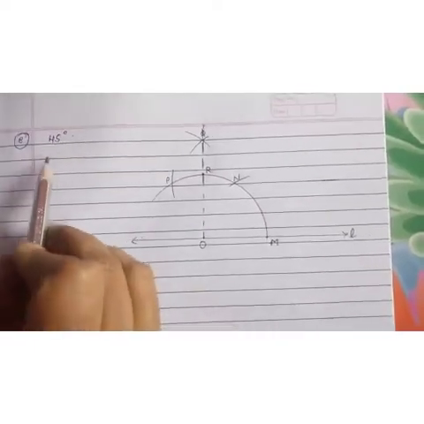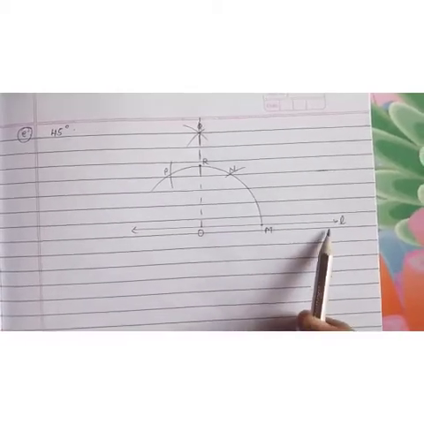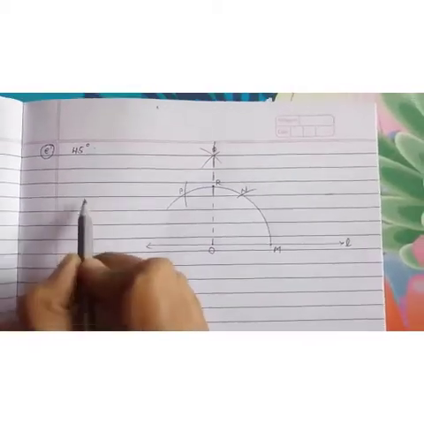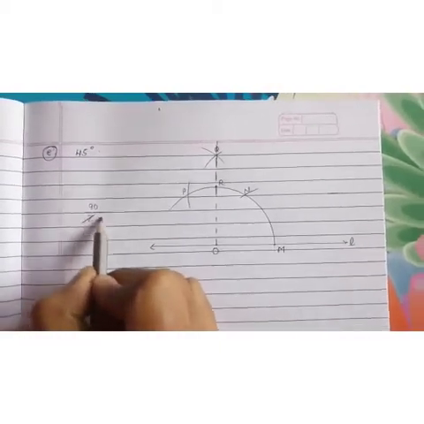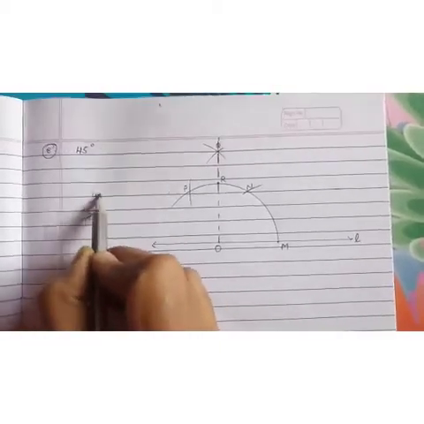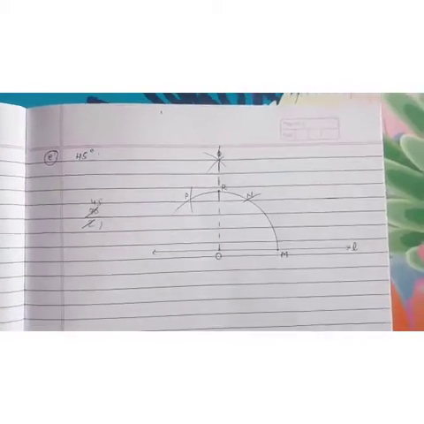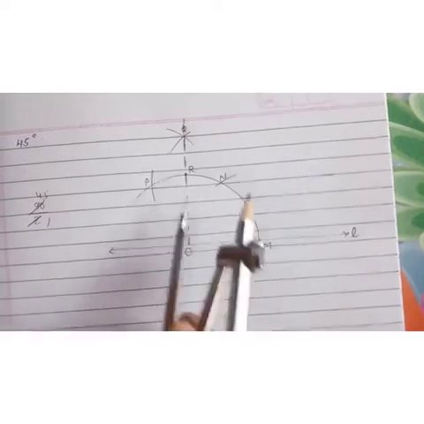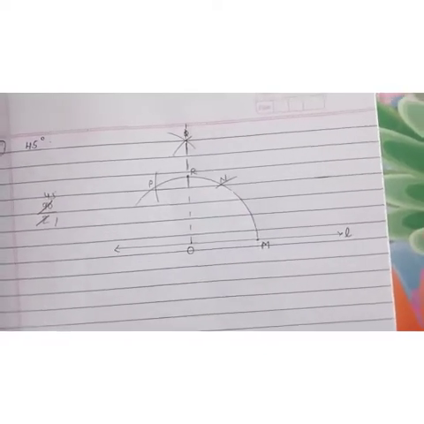But we need 45. So when you bisect this 90 degrees, bisect means exactly into two parts. So 90 when you divide into two parts, you get 2 1s are 2, 2 4s are 8, 2 5s are 10, 45, isn't it? So we will bisect this 90 degrees angle. Now take M and R as your centers.